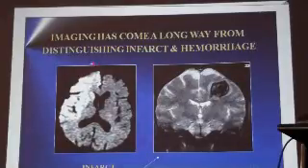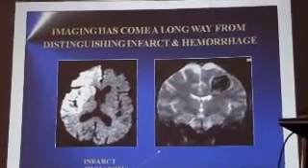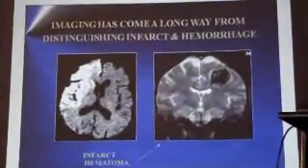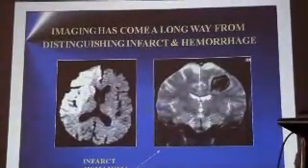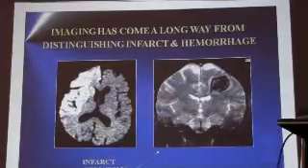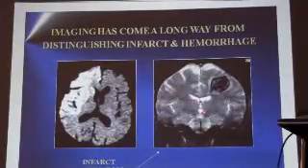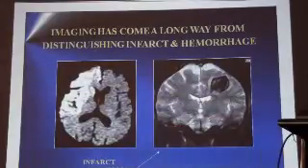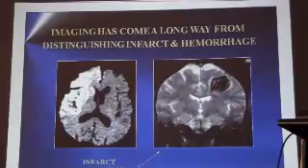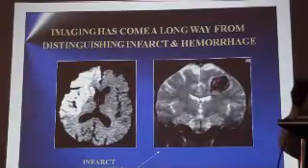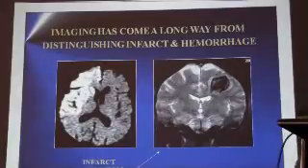Now, this is a diffusion image which shows T2 sign. Okay? Is this T1 or T2? T2, sir. Yes, this is T2. So here, an acute bleed shows a hyperintense appearance.